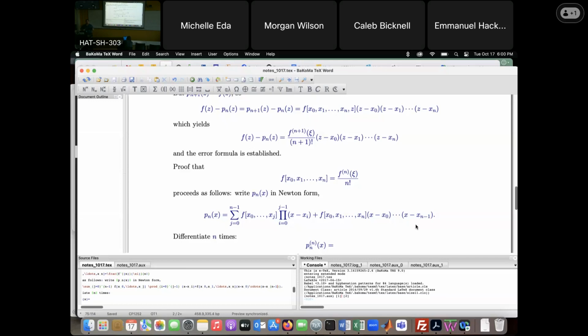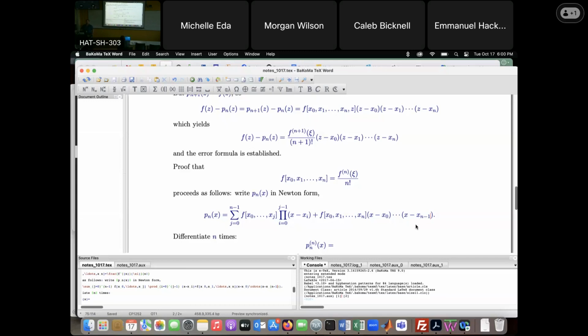And so imagine you're taking a simple example like x cubed or x to the 4th. You differentiate 3 times or 4 times, and there's a constant. What's the constant? Is it n? It is n factorial.